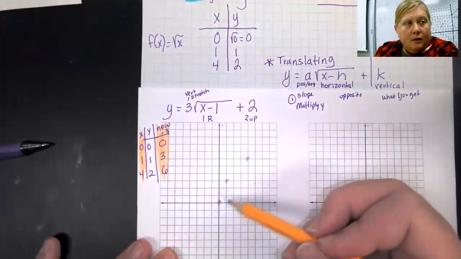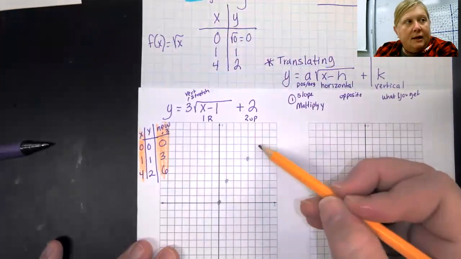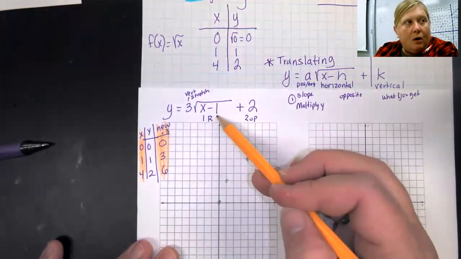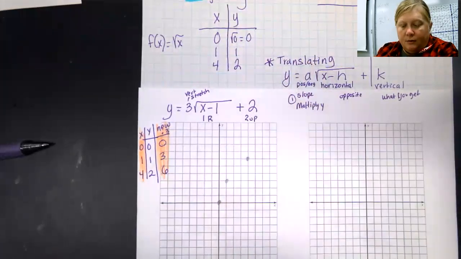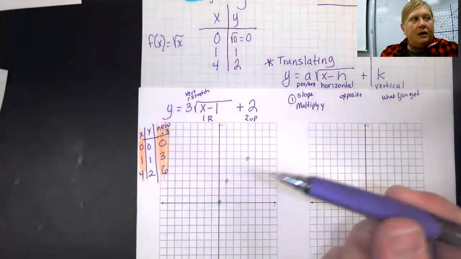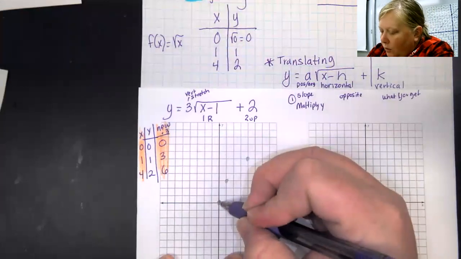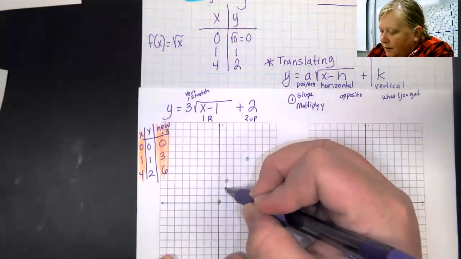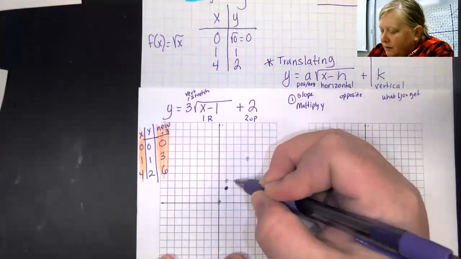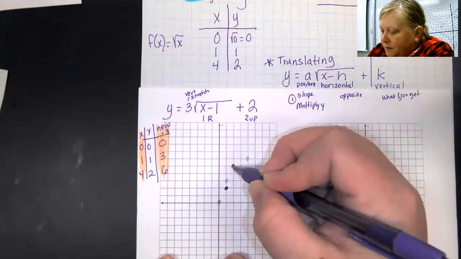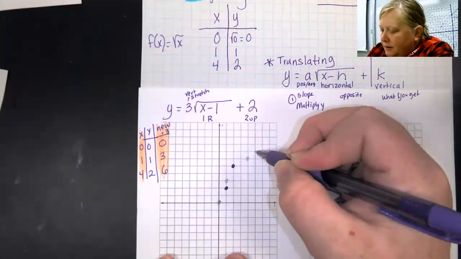Okay, so I'm going to take these points and move them all 1 to the right and 2 up. And when I do that, I'm going to use my pen now. 1 to the right, 2 up. 1 to the right, 2 up. 1 to the right, 2 up.